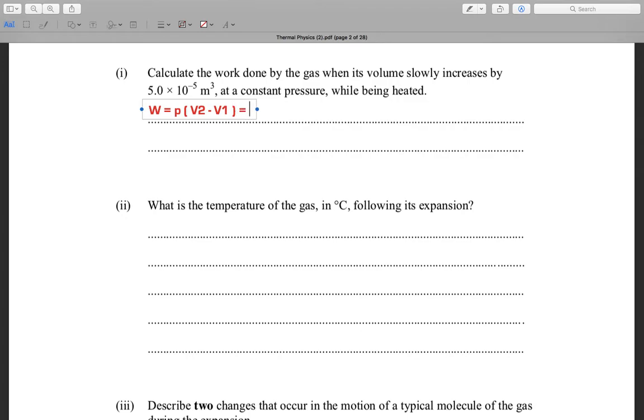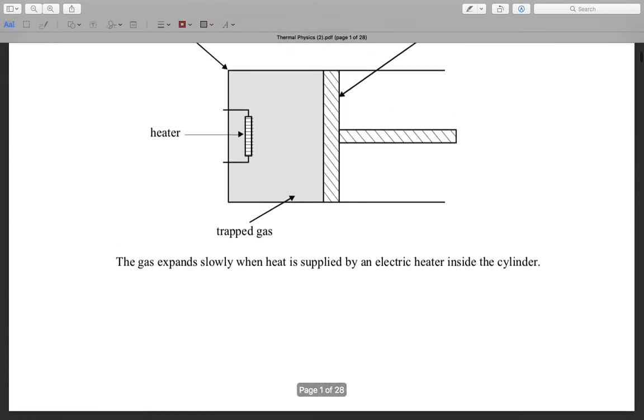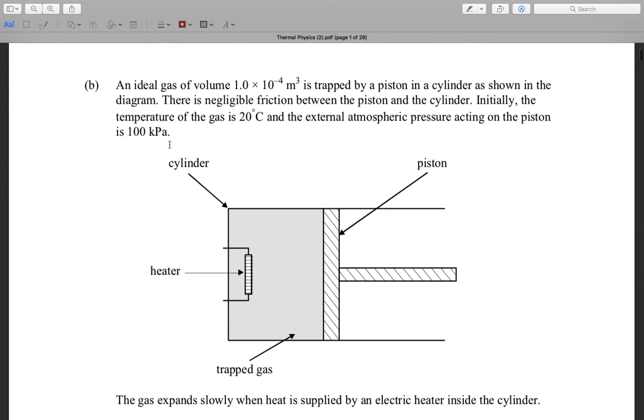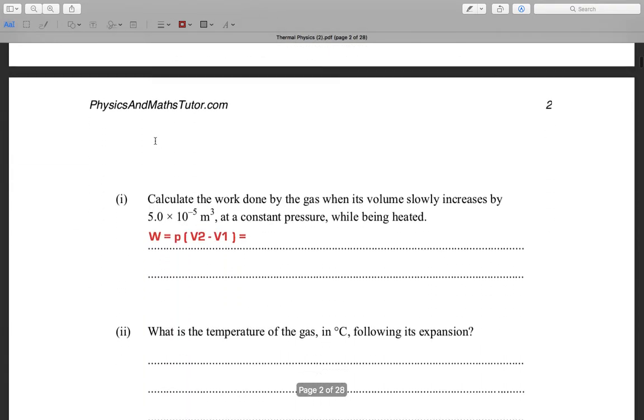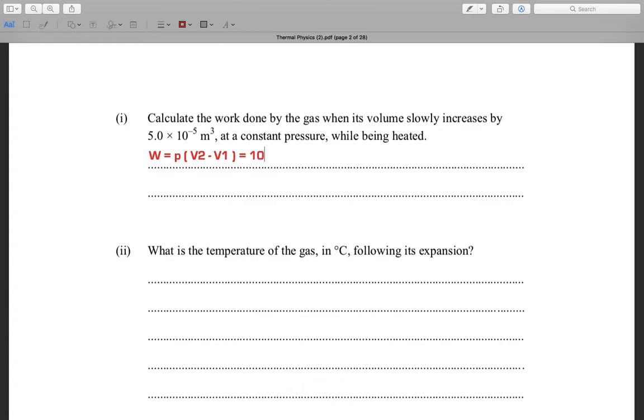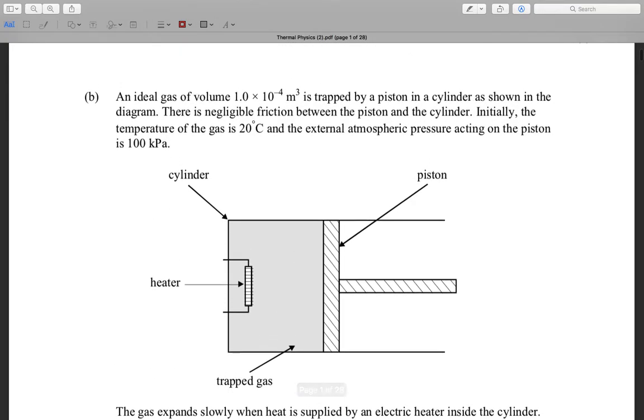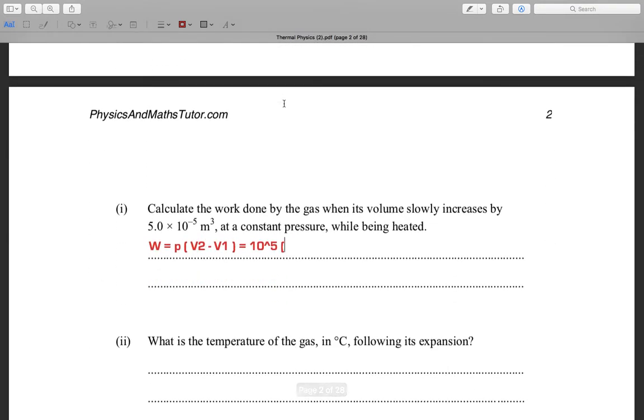P is constant at 100 kilopascal, or 10 to the power 5 Pascal, times the increase in volume.